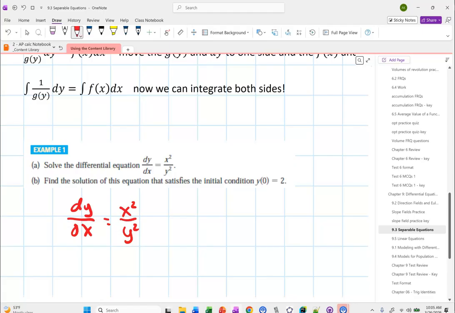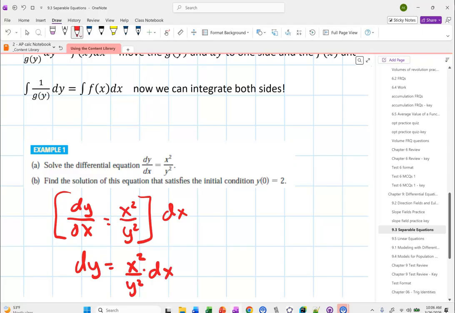My goal is to get a function of y times dy on one side and a function of x times dx on the other side. If I multiply both sides by dx, I'd have dy equals x squared over y squared times dx.